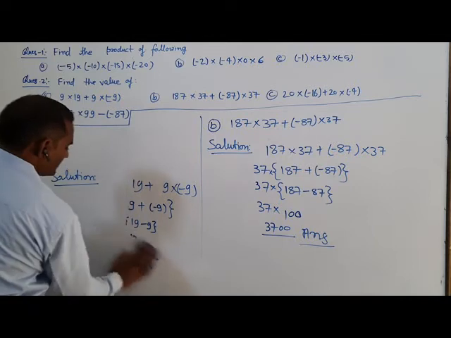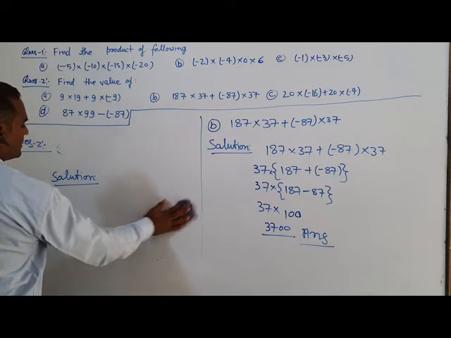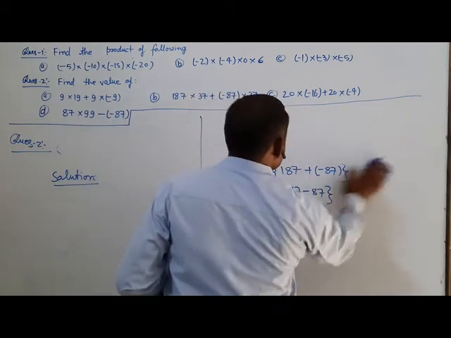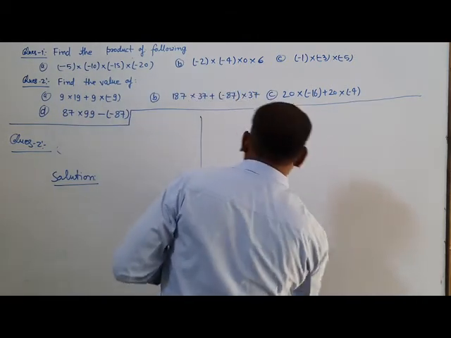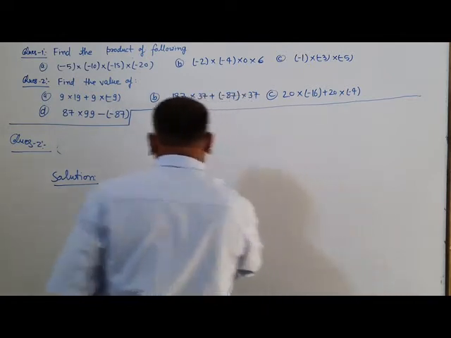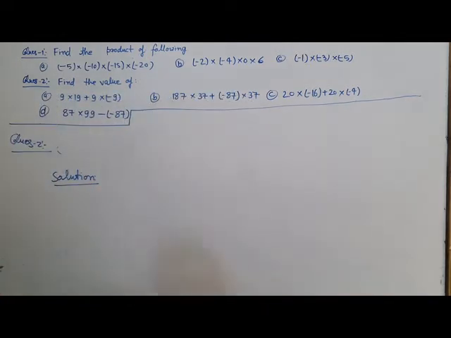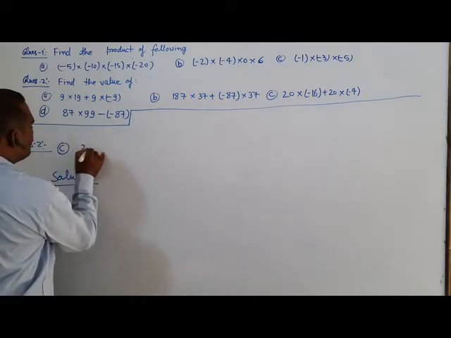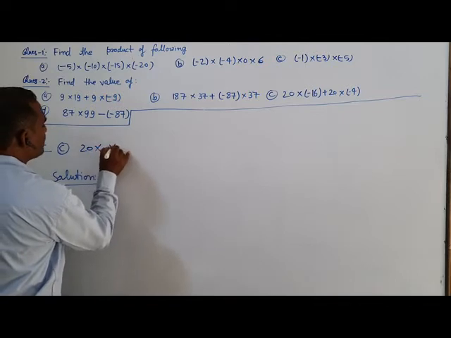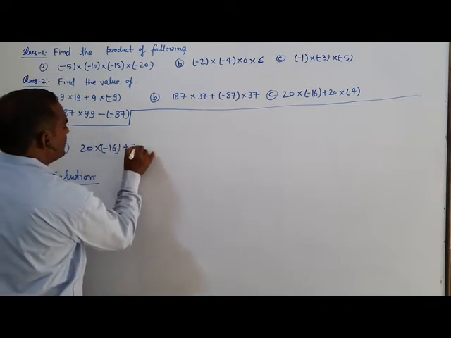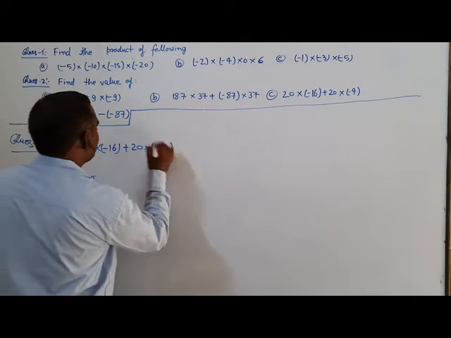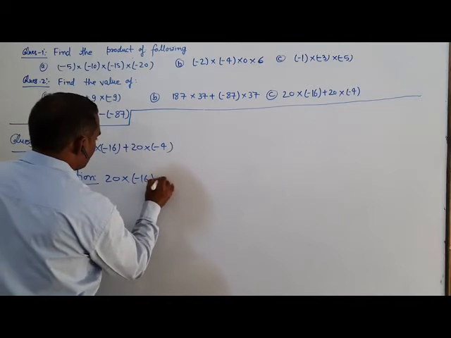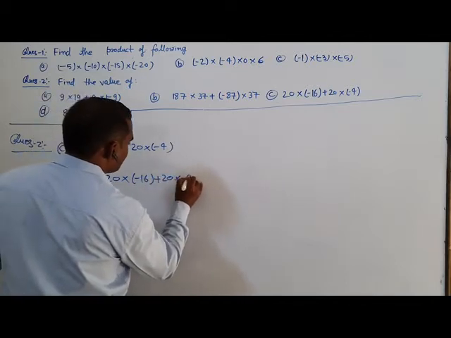Now start question number two, option C. C is 20 into minus 16 plus 20 into minus 4.